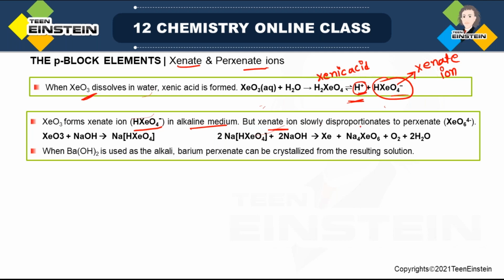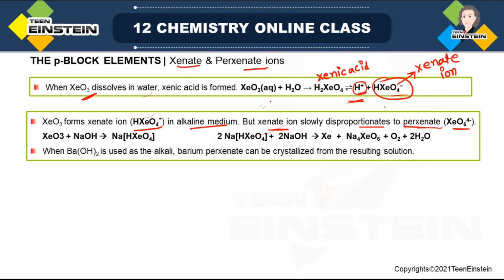There is a disproportionation reaction going on, and ultimately xenate is converted to Perxenate. When it is xenate ion, it is HXeO4 with a single negative charge. But when it is Perxenate, it is XeO6 with 4 negative charges.